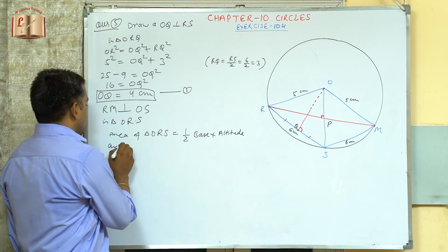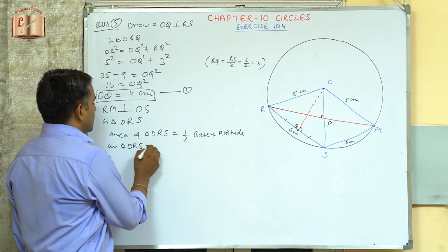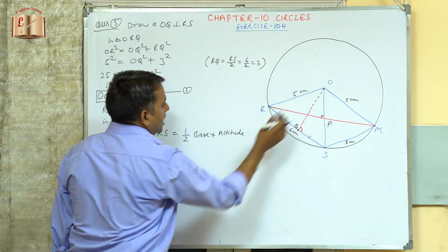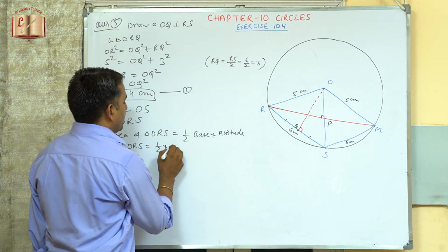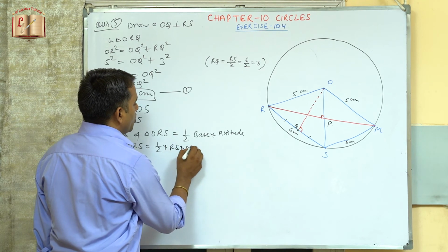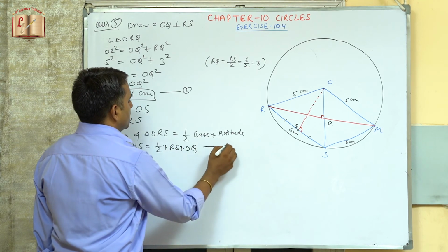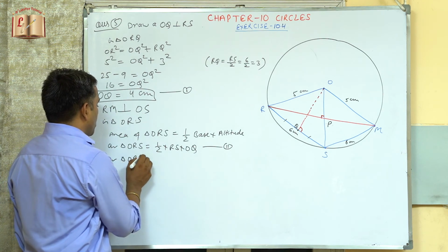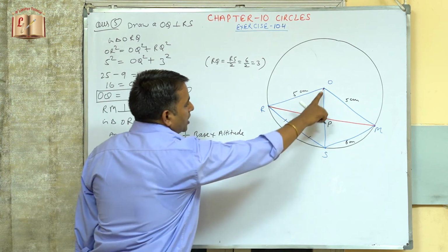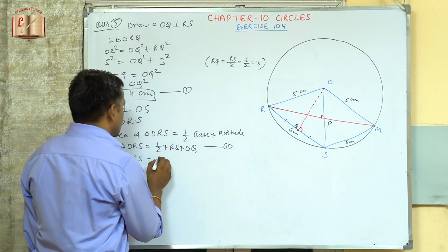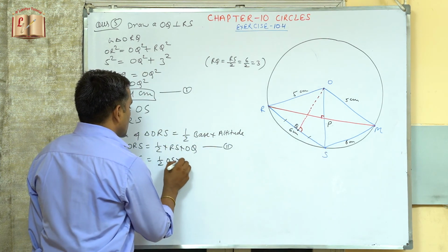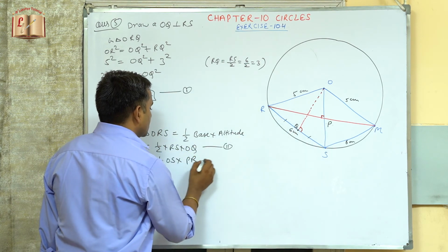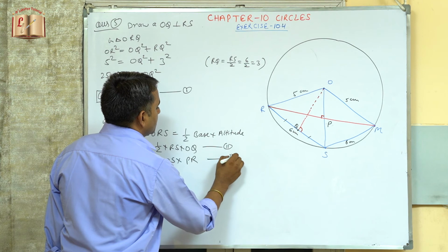Now area of triangle ORS, taking this base and this altitude, will be half of RS into OQ. This is the second. And again, area of triangle ORS can be equal to this base OS into this altitude PR. This is the third one.